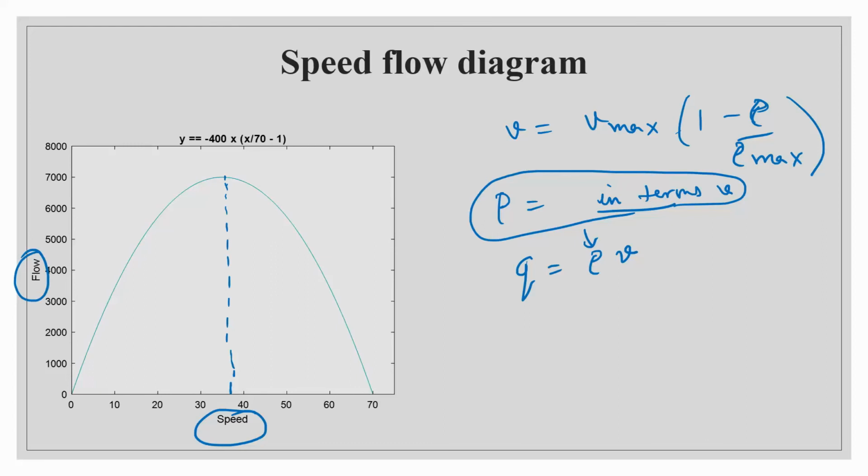In the previous case, Q max occurred when the density was half of the maximum density. So let us find an expression for it.